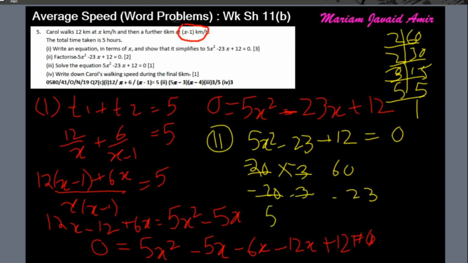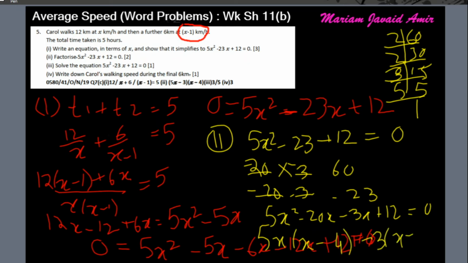So 5x square minus 20x minus 3x plus 12 equals 0. 5x is common, x minus 4 minus 3 is common, x minus 4. So we're getting x equals 4 or x equals 3 by 5.